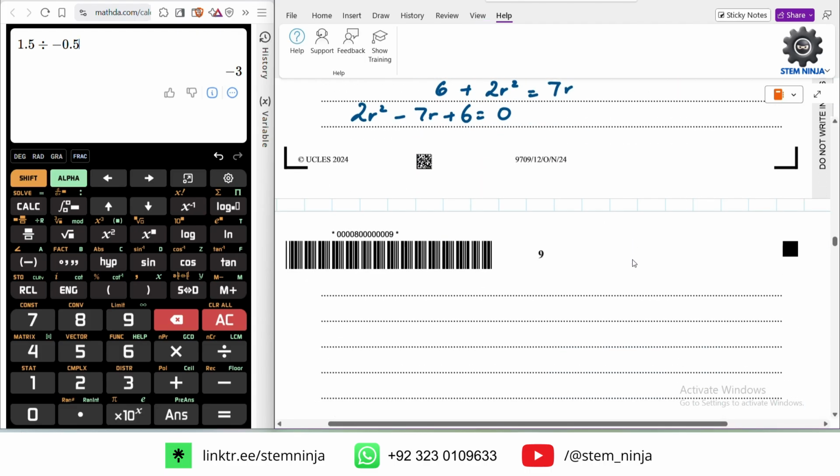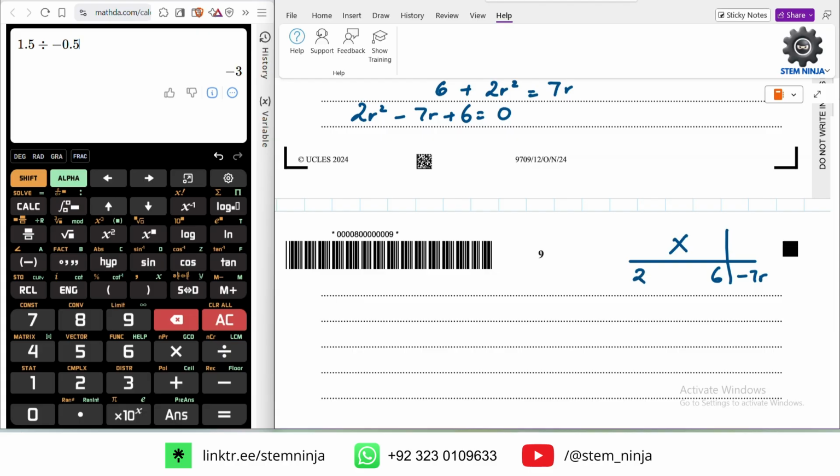Right, so let's see if we can figure this out using sum and product. So this is 6, this is minus 7r, this is 2r squared. There's only one way you get 2, but 6 you can get from 3 and 2.